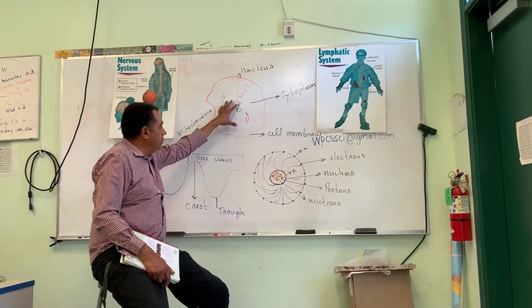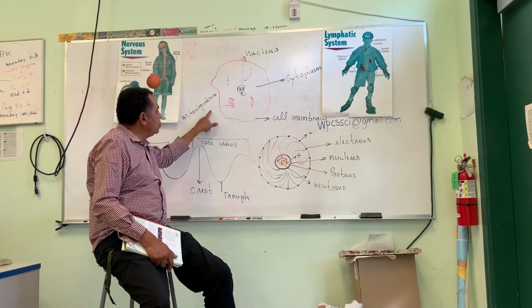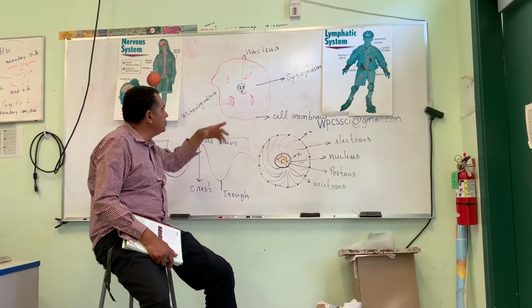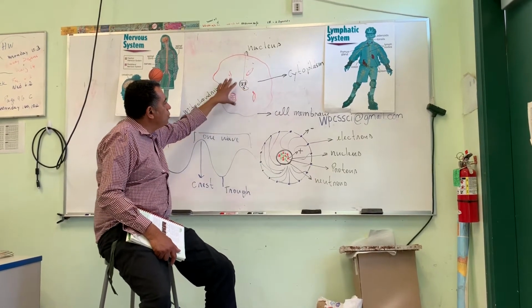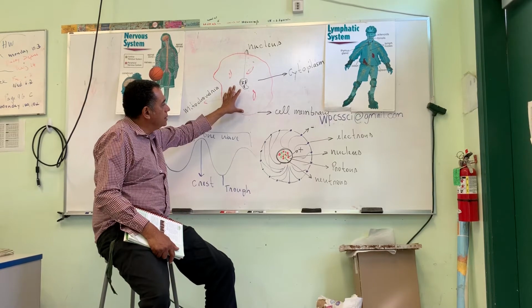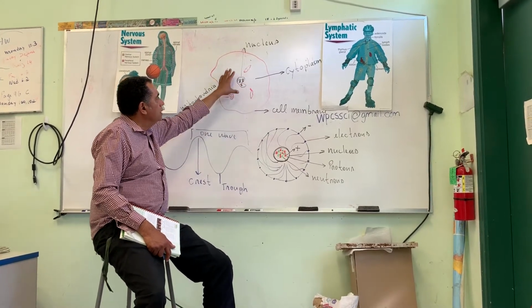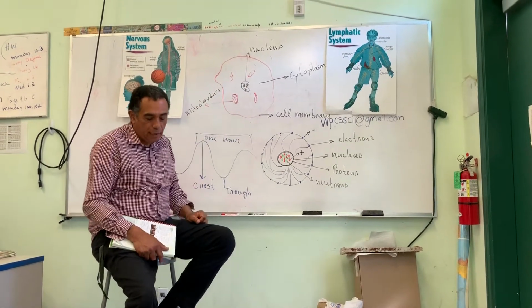Several organelles. And one of those that is very important is the mitochondria. That's responsible for what? The respiration inside the cell. So the cell is so beautifully organized in your body: cell membrane, cytoplasm, and nucleus. Those are the three main parts of the cell.